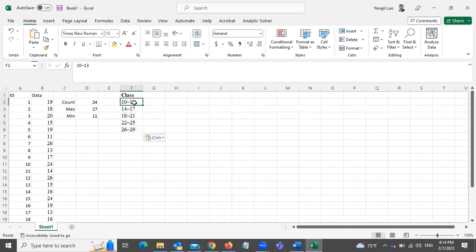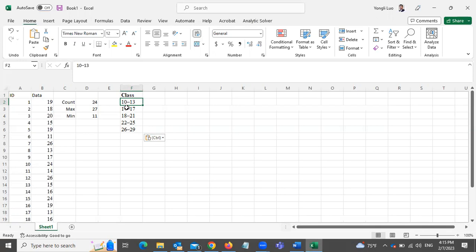So we classify into like 5 different groups, right? Each group is going to have 4 numbers included. The minimum is 11, the maximum is 27. So I might consider between 10 to 30 or something.